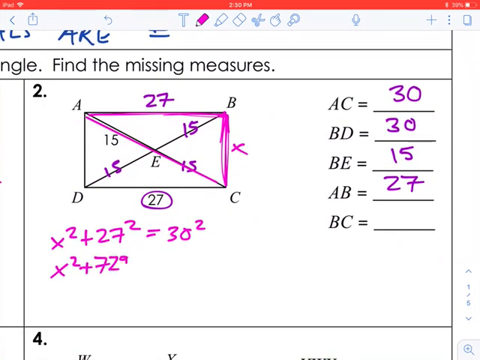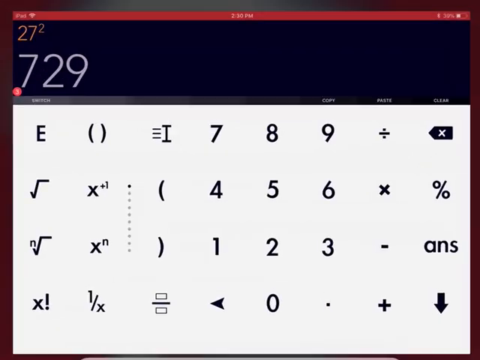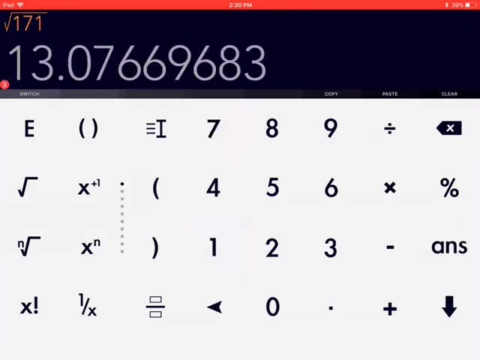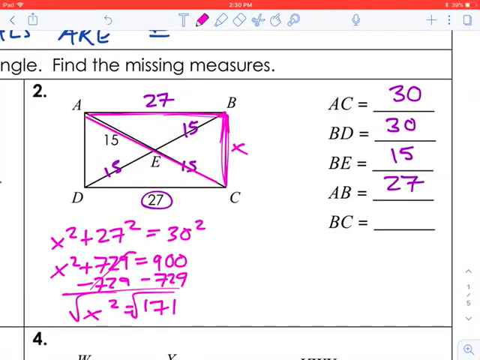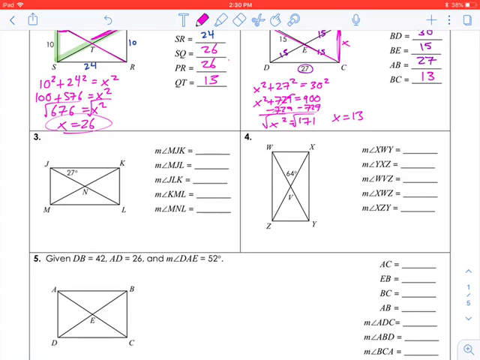So 729 plus x squared equals 900, so x squared equals 171. Take the square root of 171, and it equals about 13, or 13.1, whatever. Round to the nearest, depending. Okay? So, moving on to angles now.